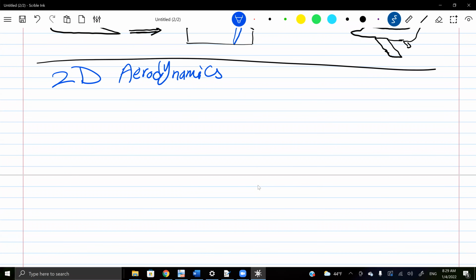I have an airfoil. The airfoil is moving, say, horizontally. We always do this trick, which is due to Leonardo da Vinci in the 16th century: we can always stop the airplane and assume that the air is coming in the opposite direction. We can always do that as long as the motion is steady.